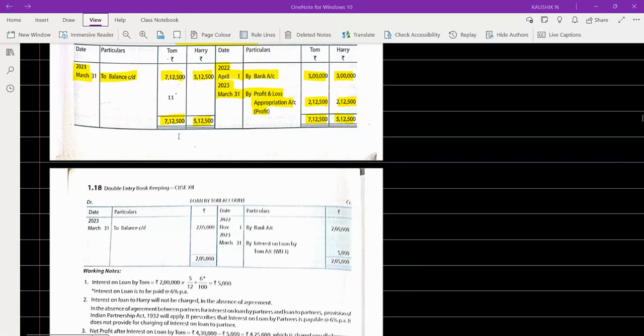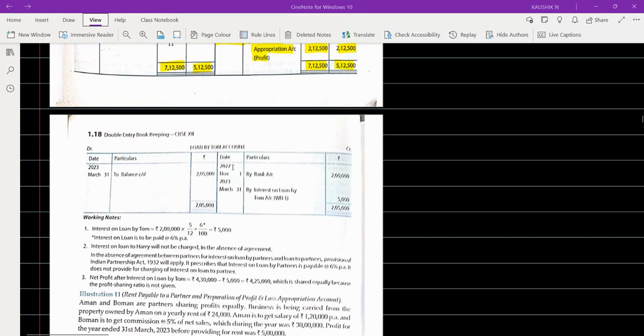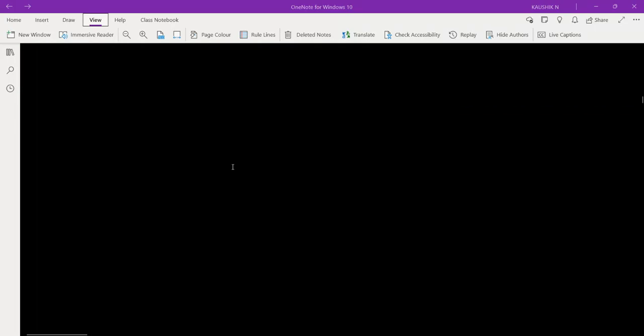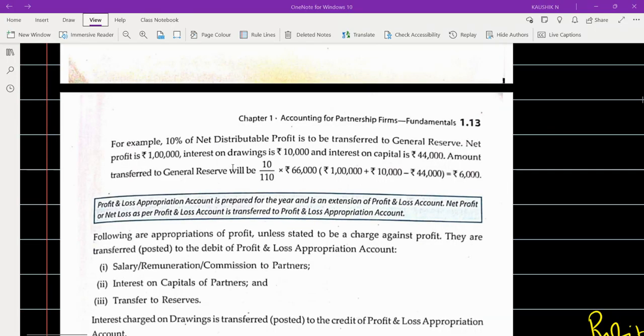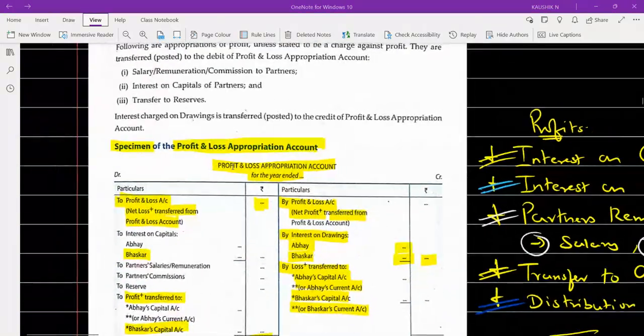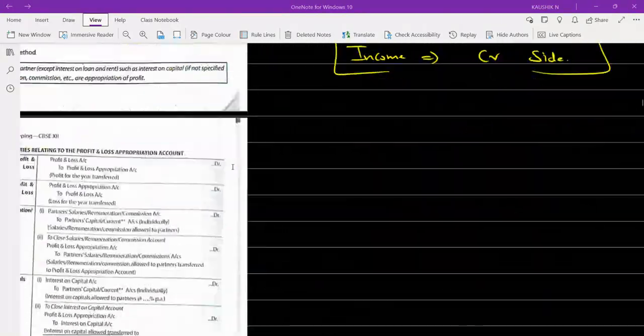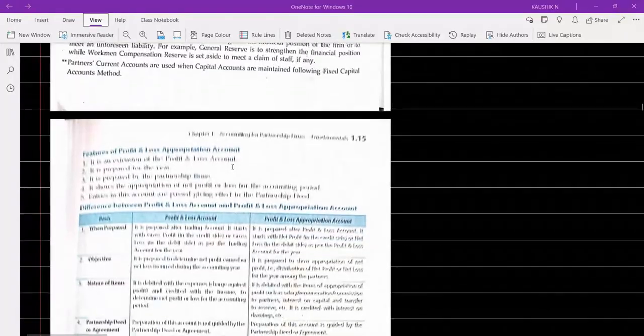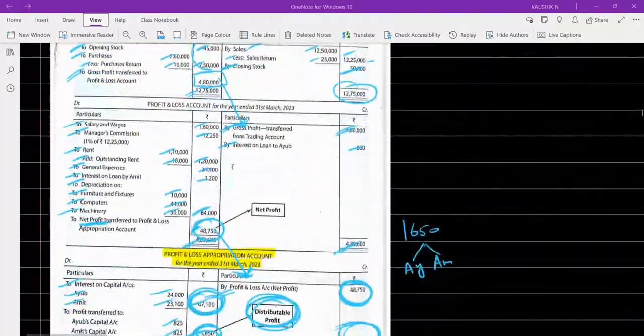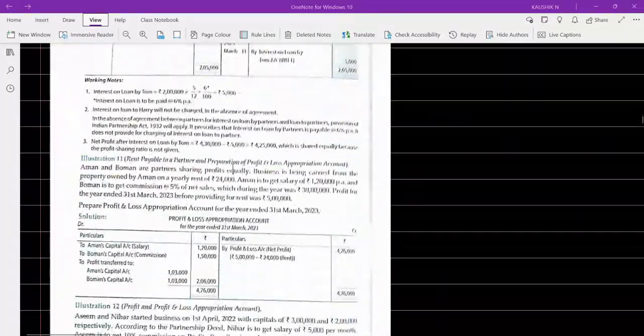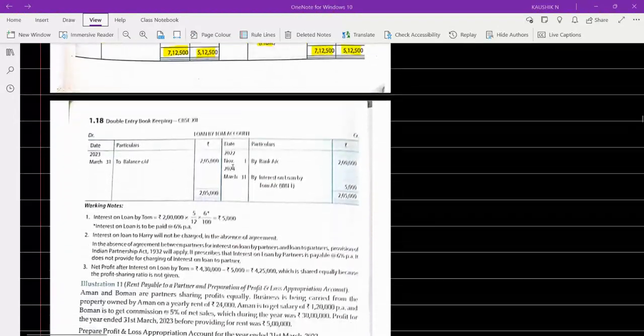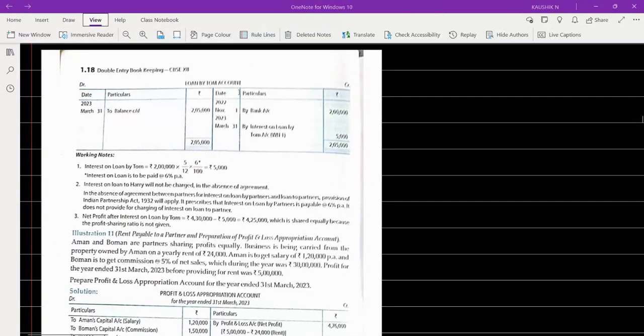Anyhow, let me discuss this once again for those who couldn't understand. It is a concept of loan by partner.